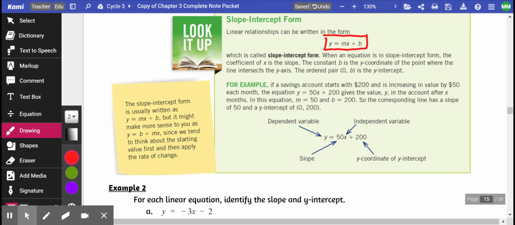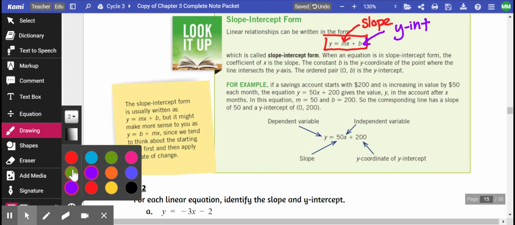So this is in slope-intercept form. And when an equation is in slope-intercept form, the coefficient of x is the slope. So whatever is in front of x is the slope. Whatever is added or subtracted is your y-intercept.